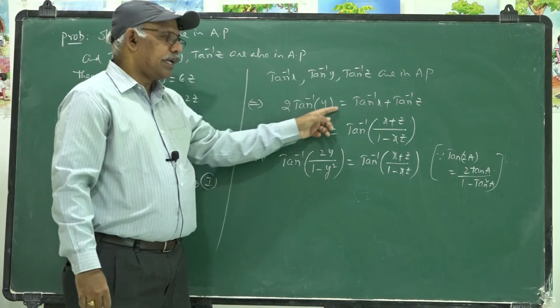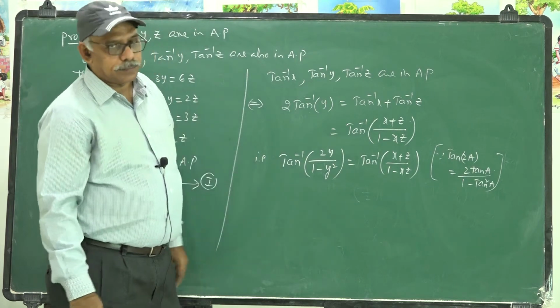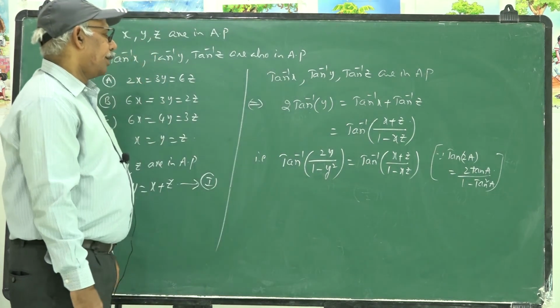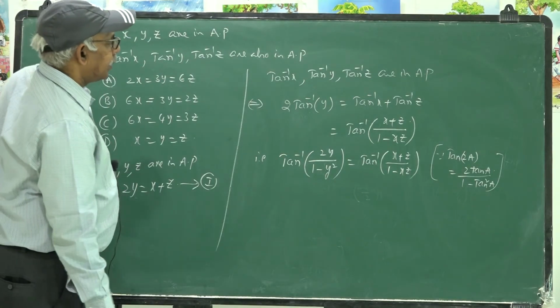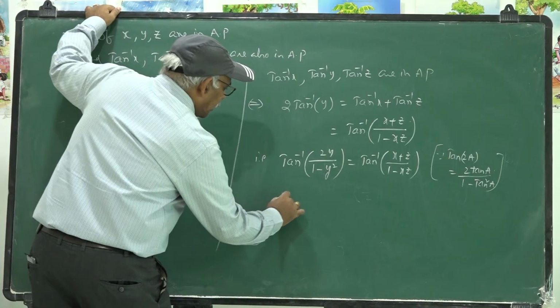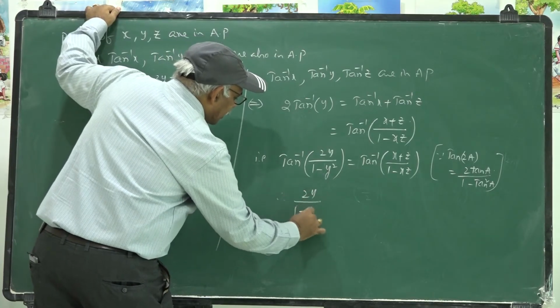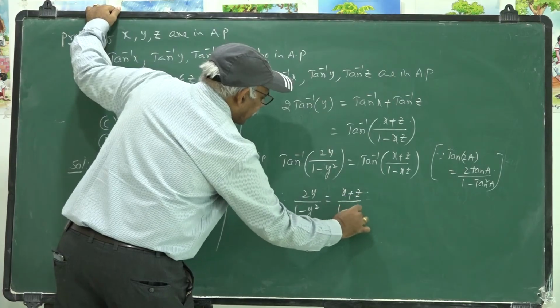Taking this one as a and applying tan on both sides, we get this result. So tan inverse of 2y by 1 minus y square equal to tan inverse of x plus z by 1 minus xz. So 2y by 1 minus y square equal to x plus z by 1 minus xz.